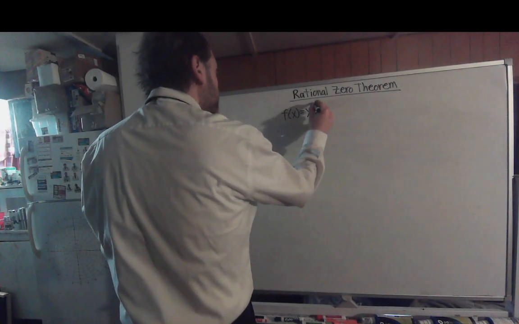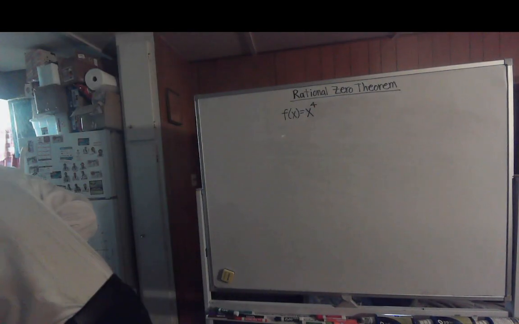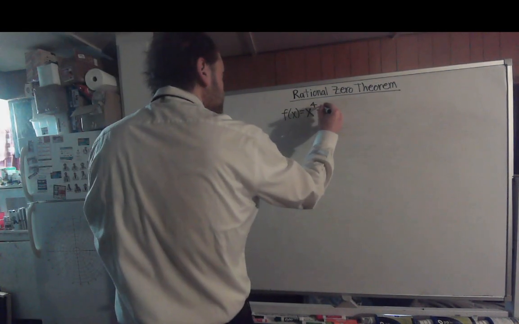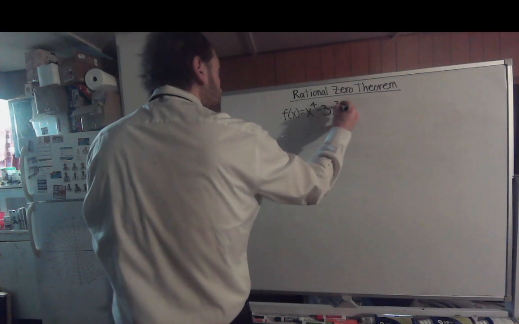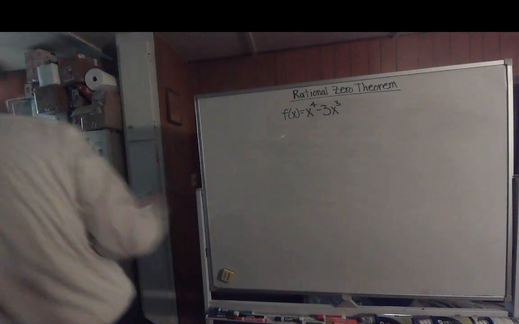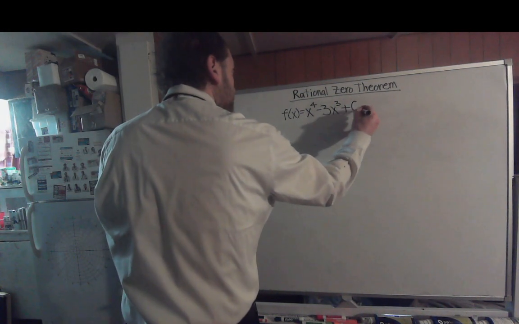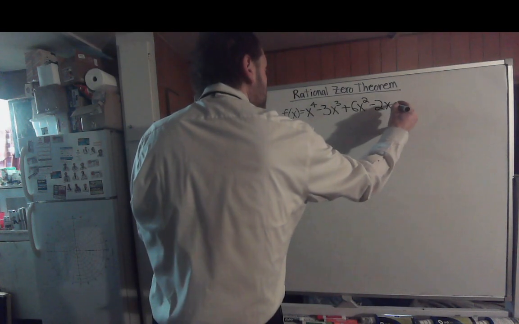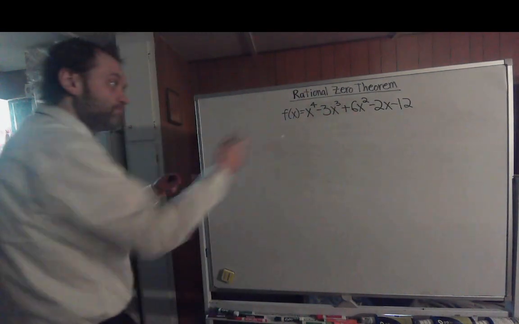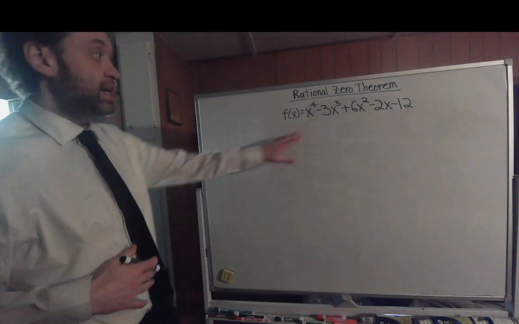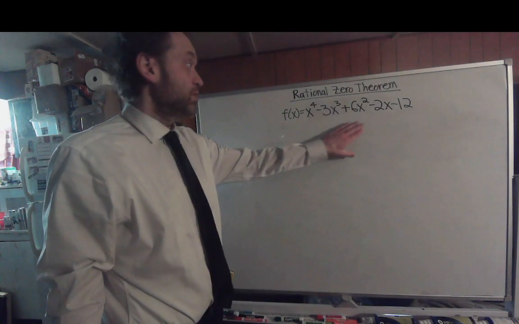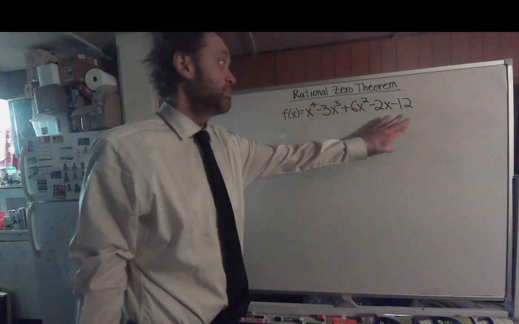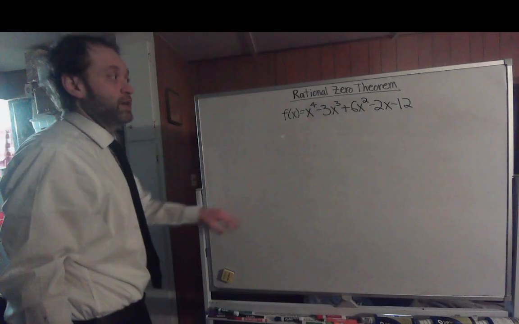So let's see, f of x equals x to the 4th minus 3x to the 3rd plus 6x squared minus 2x minus 12. All right. So f of x equals x to the 4th minus 3x to the 3rd plus 6x squared minus 2x minus 12. This definitely isn't factoring.